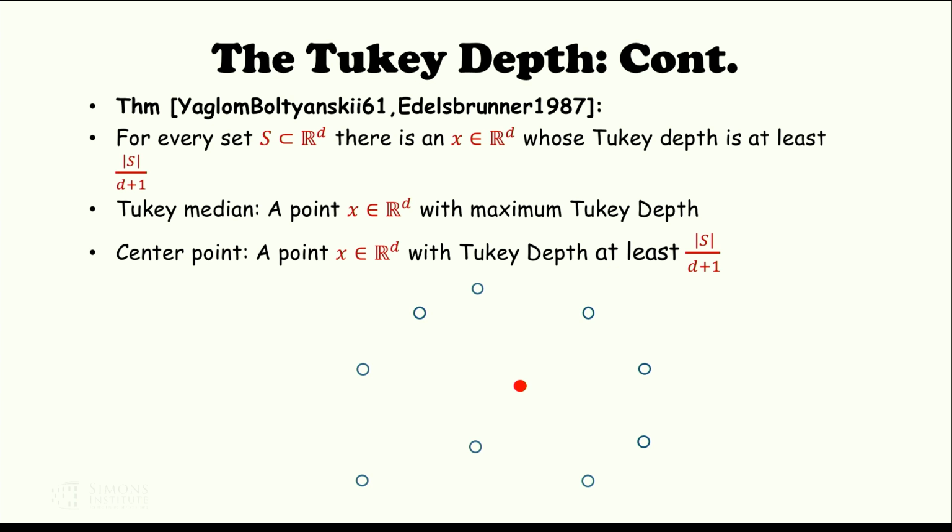And the center point is a point x in R to the d whose Tukey depth is at least |S| over d plus 1. So, rephrasing the terms that are mentioned, every set S in R to the d has a center point. So finally, you can understand the title of this talk.